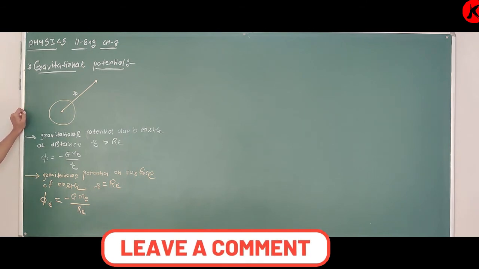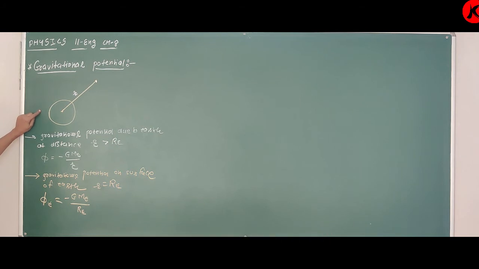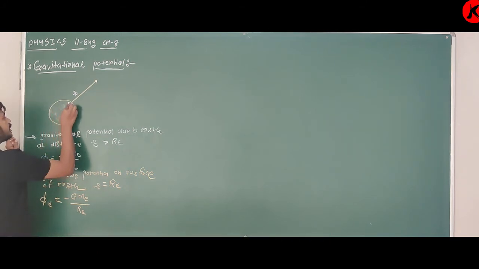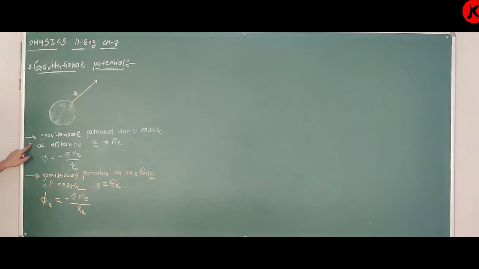Clear? So for Earth, or I can say for a sphere, you have to remember two cases. One, gravitational potential due to Earth at distance r, which is greater than Re, and two, on the surface.